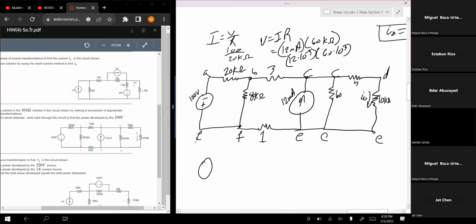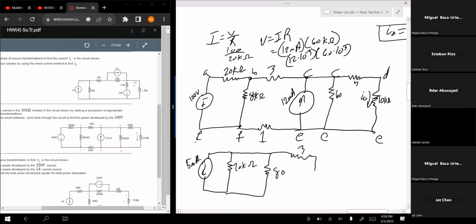Okay, so that's going to go down 5 milliamps. And then this resistor goes in parallel with it like this. So that's 20 kilo ohms. This is 80. This is 3. This is 12 milliamps. 60, 5, 10.